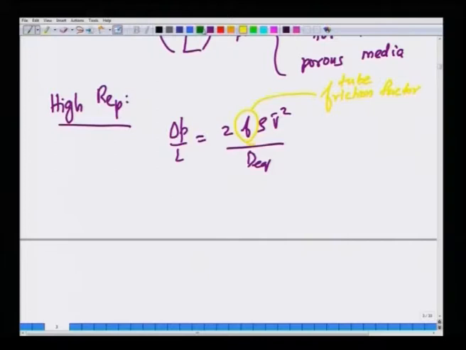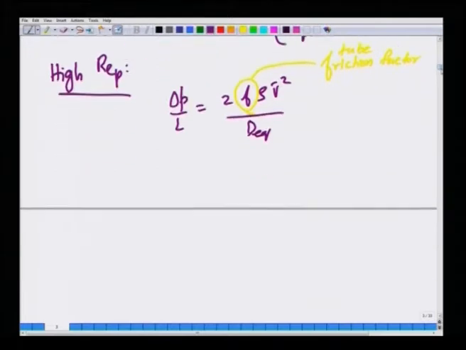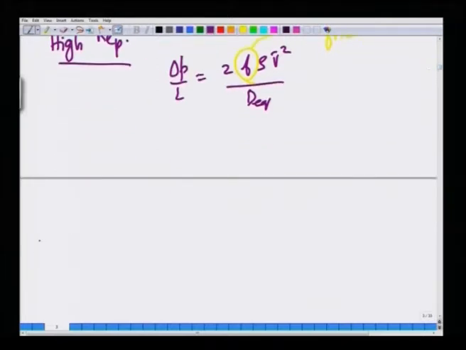Now, we can therefore write delta P by L is 2 f. We will put a constant lambda 2, and then fit the constant based on experiments.